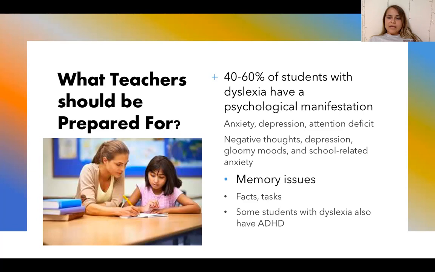That can definitely bring them down and start to fall into other manifestations. Teachers should also be aware that they have poor memory issues, and tasks given to them can be easily forgotten. As mentioned right here, again, a lot of students with dyslexia also have ADHD. Knowing the difference between the two is great, but a lot of these things align as well.